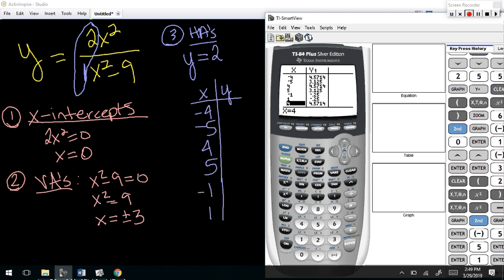They're the same numbers, negative or positive. What does that tell you about the graph? That it is symmetrical. You can probably trace on that one and give you some exact numbers.